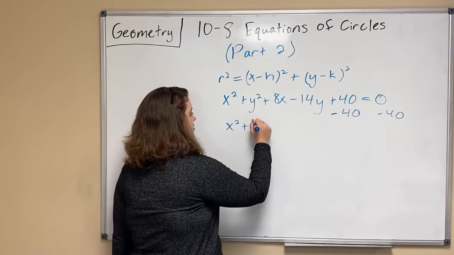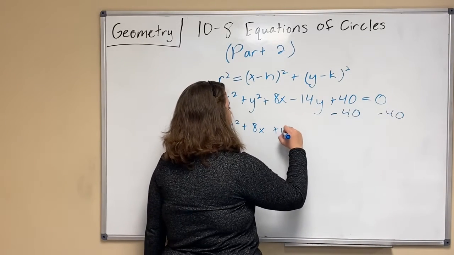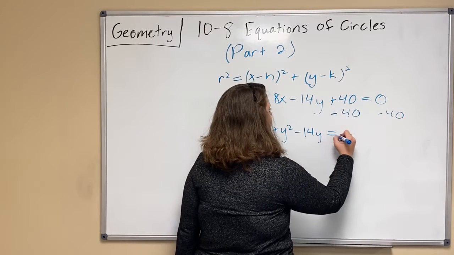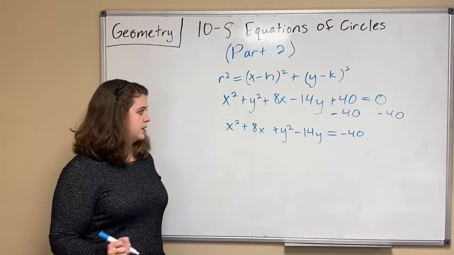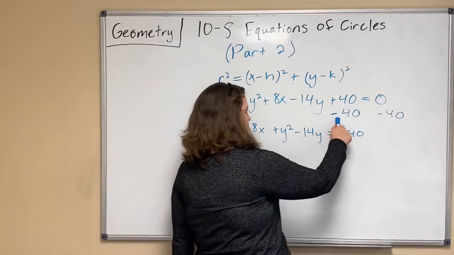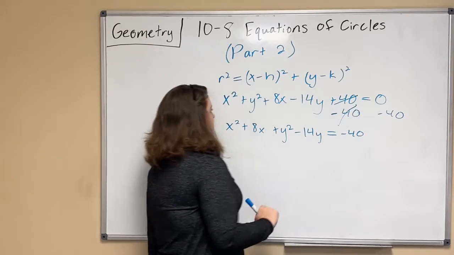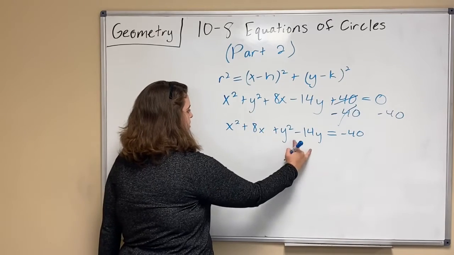So x squared plus 8x plus y squared minus 14y equals negative 40. Hopefully you're tracking it. I subtracted 40 from both sides, so this canceled. And then I just flipped these two so that our like terms will be together.